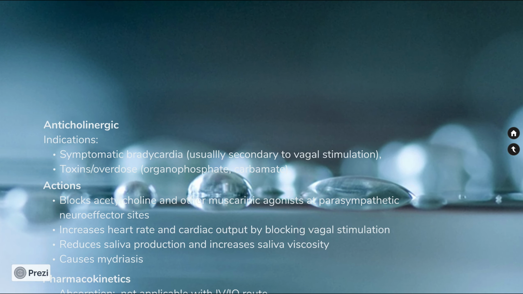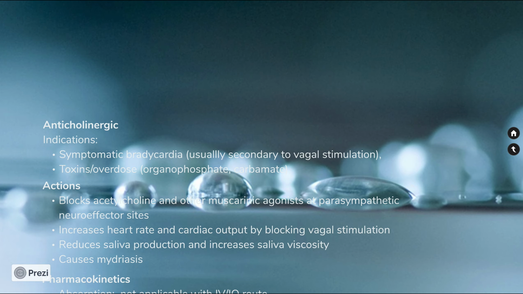So for atropine, it is an anticholinergic. It is indicated for symptomatic bradycardia, and it has been used as a symptomatic treatment for organophosphate and carbamate poisoning.